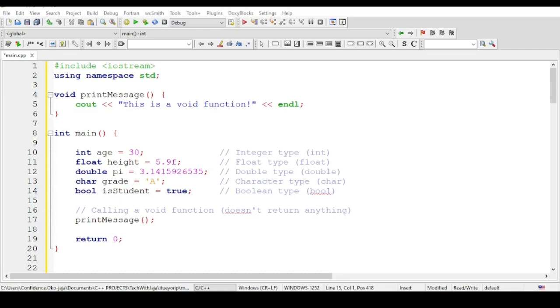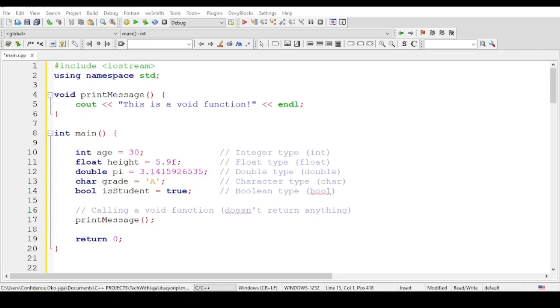But here's the thing, not all data are the same. Some data are numeric, like your age, some are text, like your name, and some are logical, like whether it is raining or not. So to make sense of this information, we group them into types. For instance, numbers like 5 or 3.14 are grouped under the numeric types, that is, the data we can use for counting or calculations.